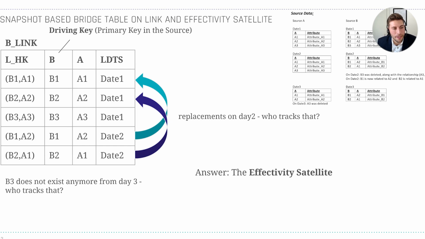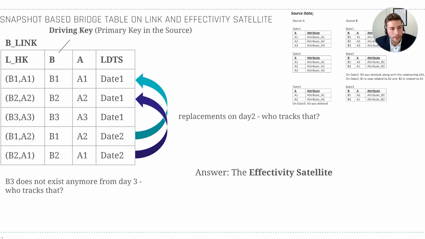So you want to give the missing keys a chance to appear maybe on the next day, and you don't want to mark it as deleted on the first day. That's the data aging concept.